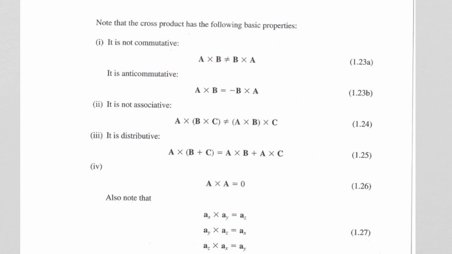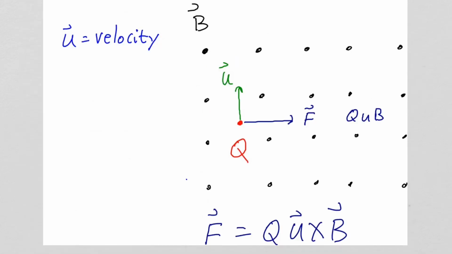Just like the dot product, the cross product is useful for writing equations describing physical phenomena. Later in the course, we will look at forces on charges moving in magnetic fields.